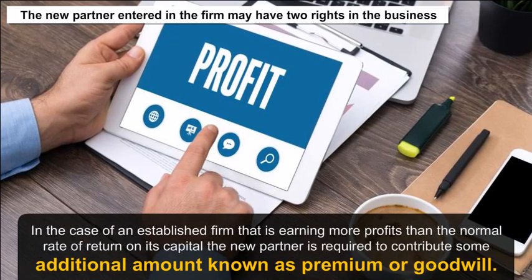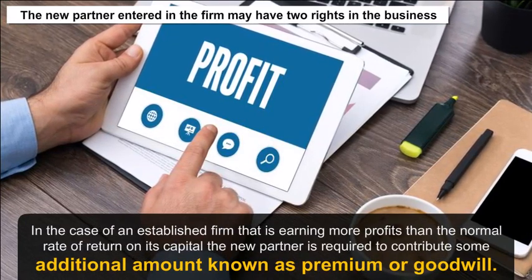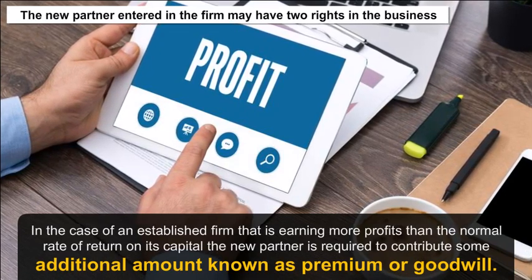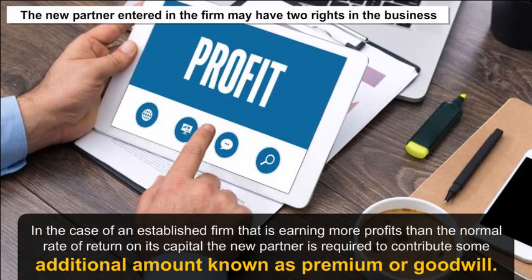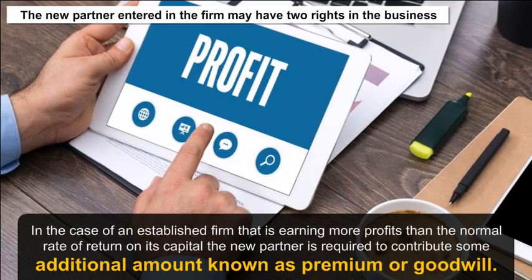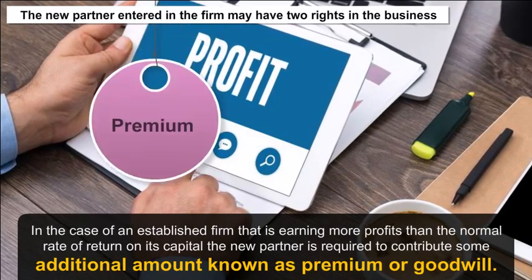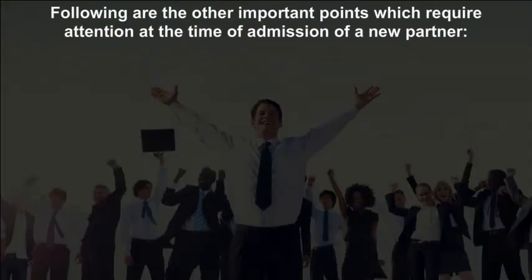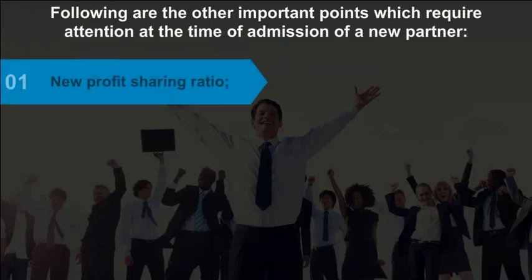In the case of an established firm that is earning more profits than the normal rate of return on its capital, the new partner is required to contribute some additional amount known as premium or goodwill. Following are the other important points which require attention at the time of admission of a new partner. 1.